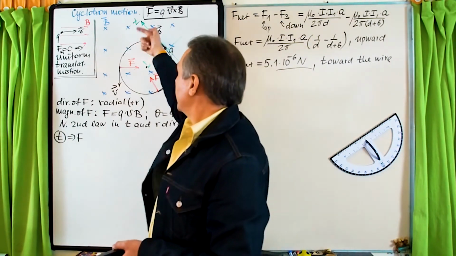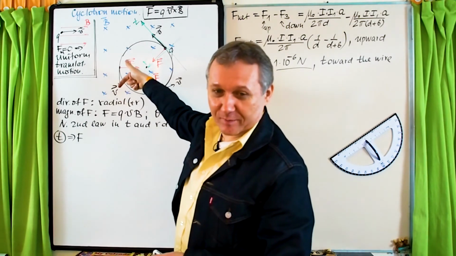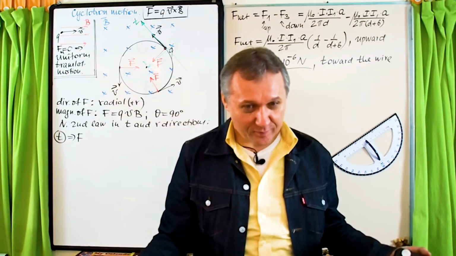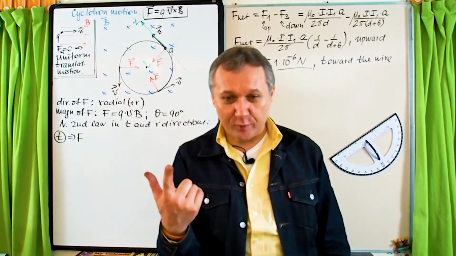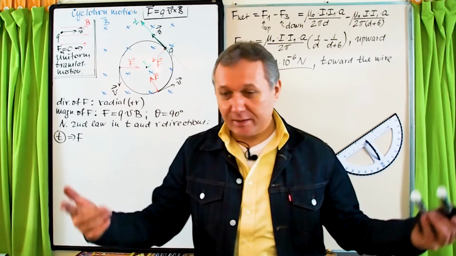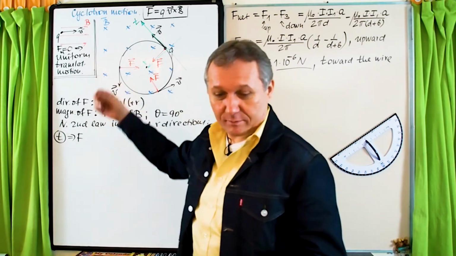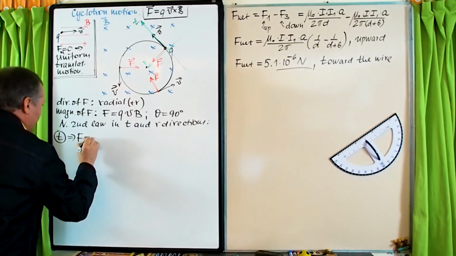In the T direction, the force is perpendicular, so force is 0, right? Because there is no force acting in the tangential direction. We have only one force, magnetic, and that has a radial direction. So force equals 0.